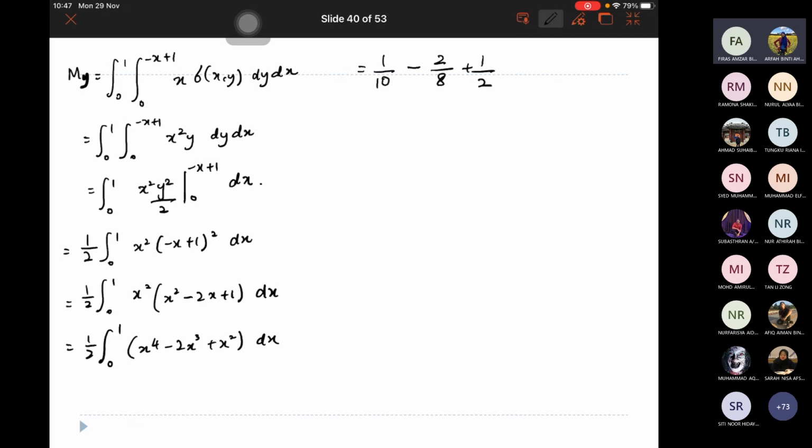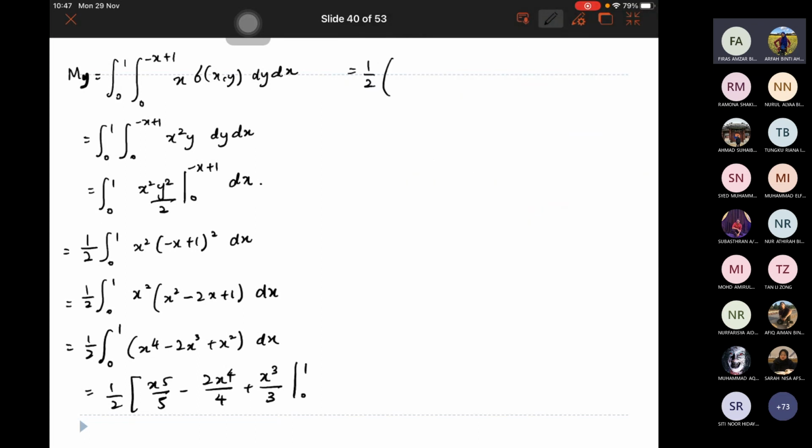Okay, dx. So jadi 1 per 2, x kuasa 5 per 5 tolak 2x kuasa 4 per 4 tambah x kuasa 3 per 3, 0 sampai 1. So it will become 1 per 2 darab 1/5 tolak 1/2 tambah 1/3.